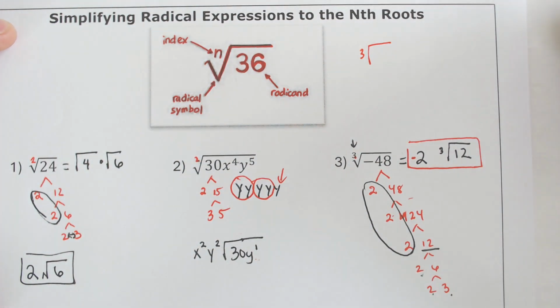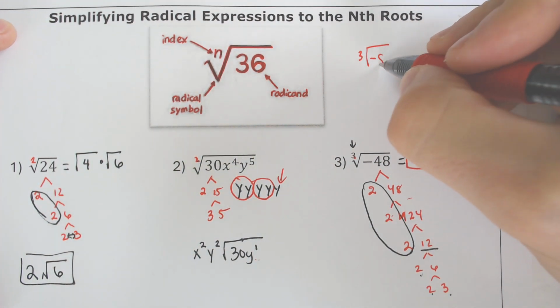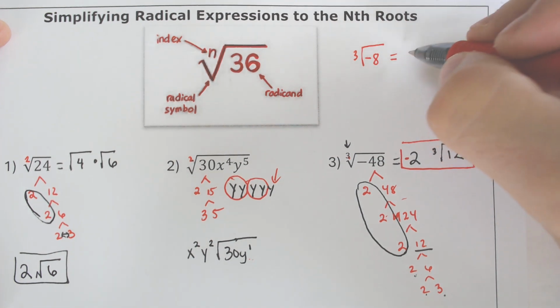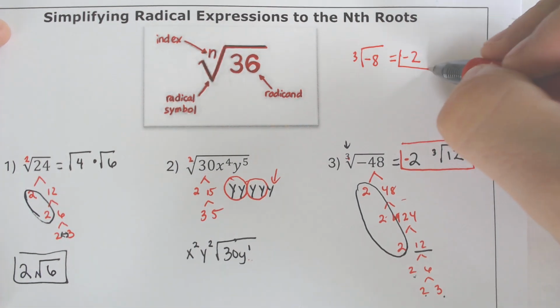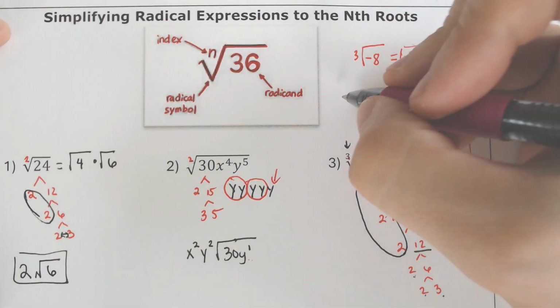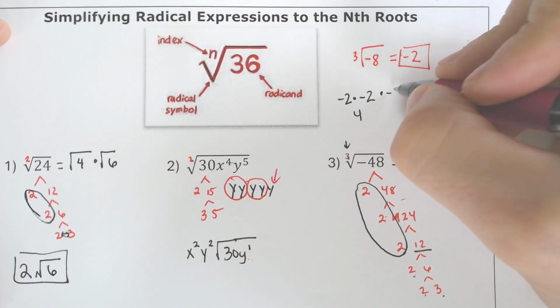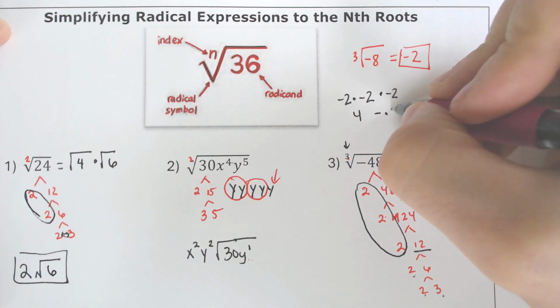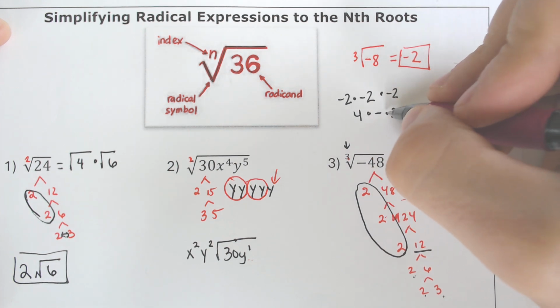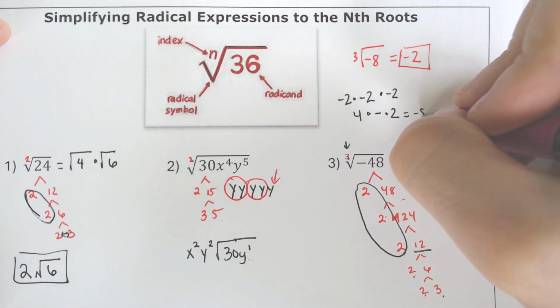So let's say we have the cube root of just something like negative 8. That is negative 2. Why is it negative 2? Because negative 2 times negative 2 makes 4, times another negative 2 ends up equaling negative 8.